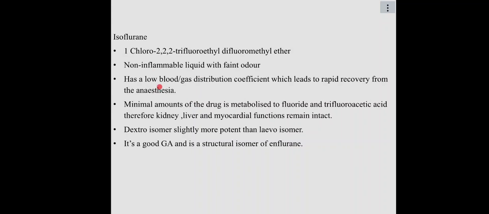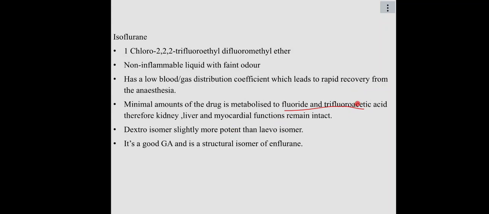recovery from the anesthesia. Minimal amounts of the drug are metabolized again to fluoride and to trifluoroacetic acid. Again, that minimizes toxicity, just as we have said of enflurane. Therefore, kidney, liver, and myocardial functions remain intact, because if you have low fluoride level, you have low trifluoroacetic acid.